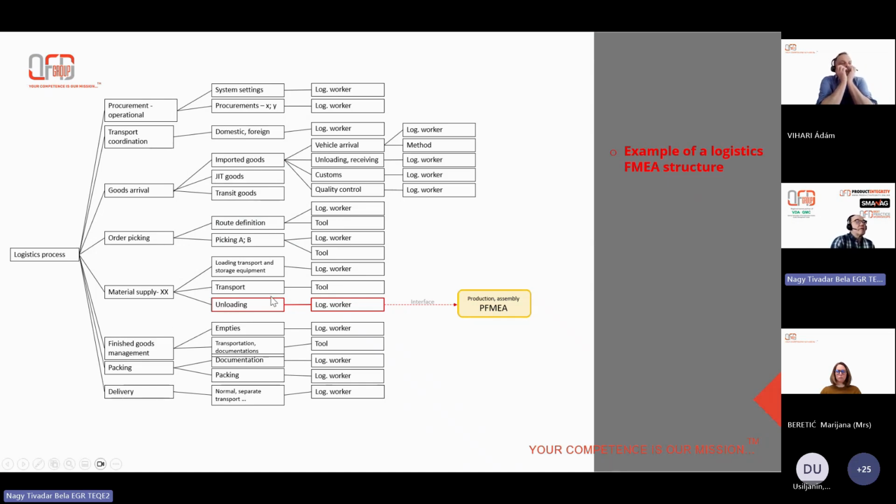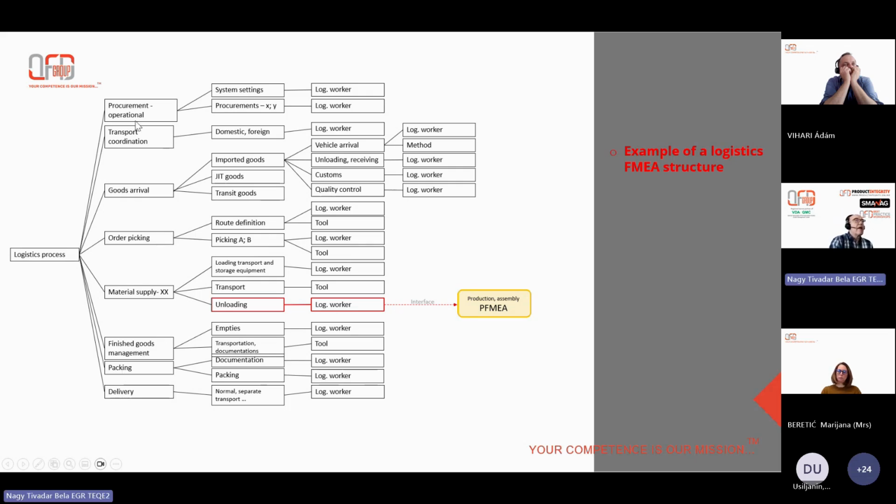As you can see, the structure analysis result is a structure. The highest level is the logistic process, and it could be procurement operational, transport coordination, goods arrival, order picking, material supply, and so on.